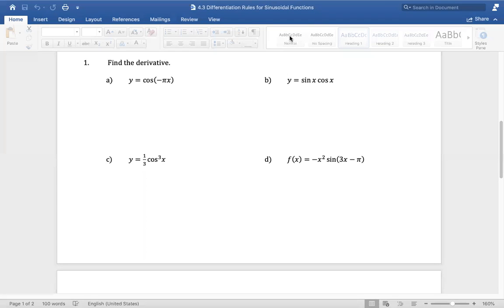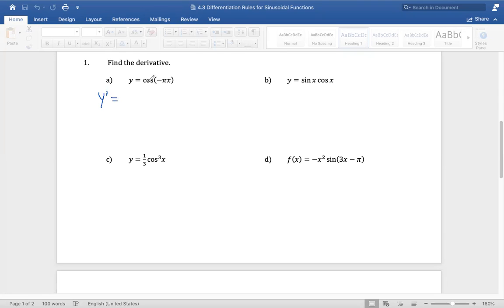So if I have here y equals cos of negative pi x. So again, after I have my function, what's in the brackets afterwards, that's like my angle, right? So in this case, we would be doing chain rule here. So to get the derivative y prime, I would get the derivative of the outside, right?